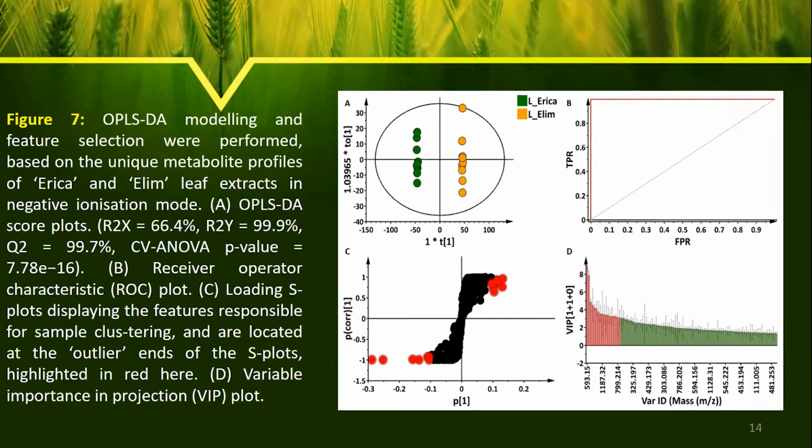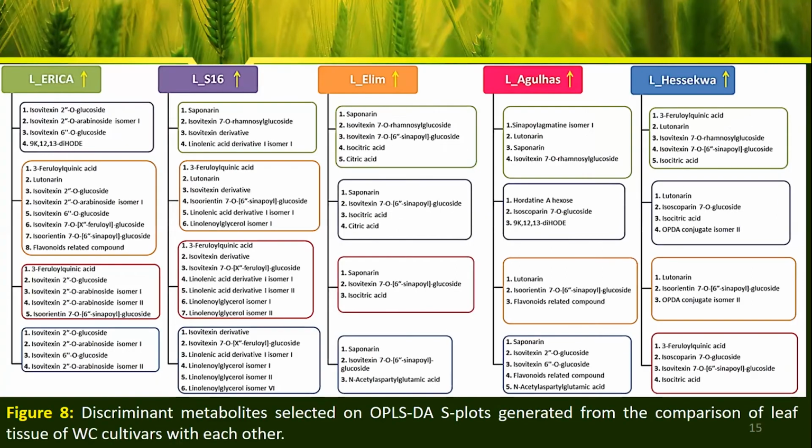26 metabolites were annotated as discriminant metabolites.